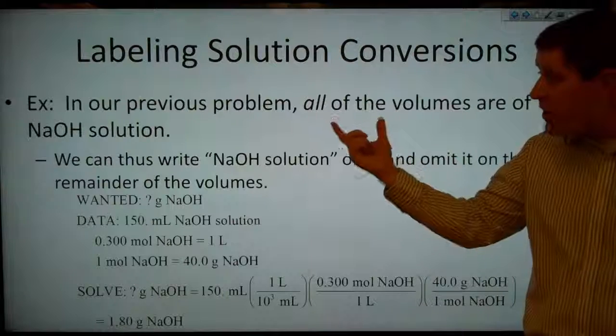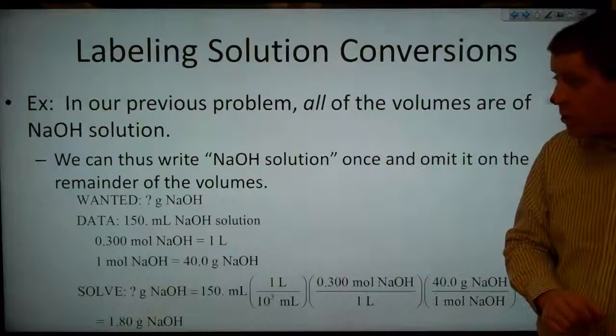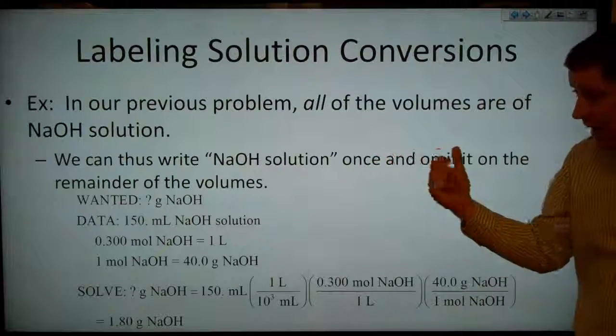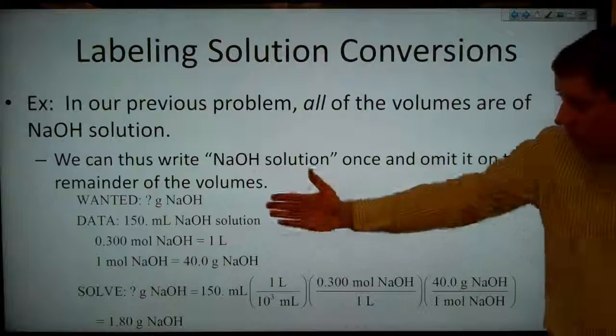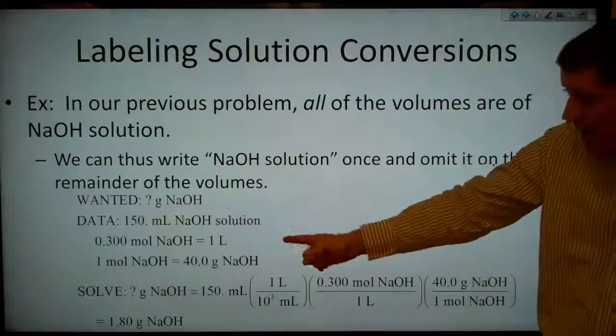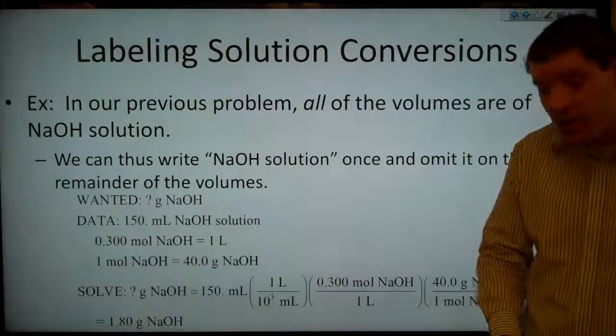For example, in our previous problem, all of the volumes involved are of sodium hydroxide solution, and thus we can write that sodium hydroxide solution once and omit it on the remainder of the volumes. So we've got 150 milliliters of sodium hydroxide solution, and that means that now all of the remainder volumes are measuring that sodium hydroxide solution.